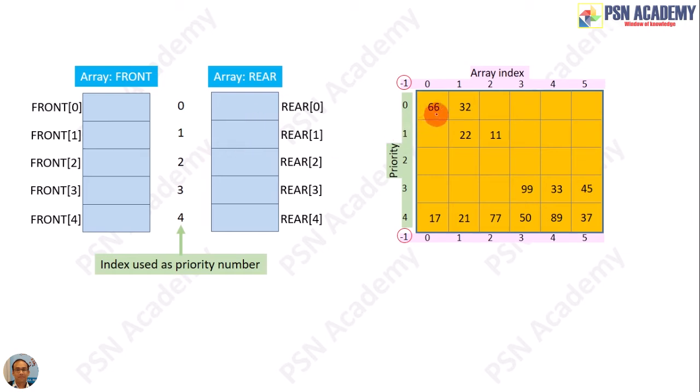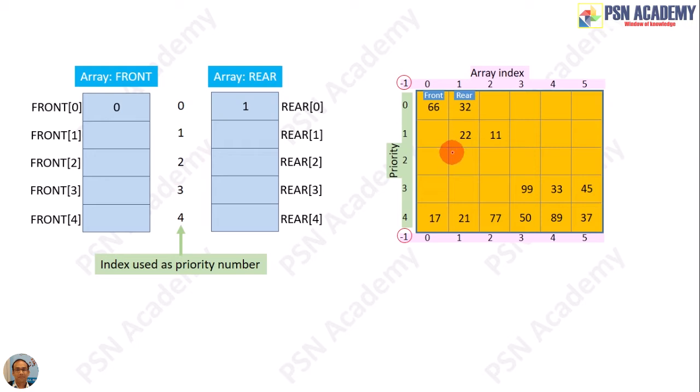See here, 66 is the first item with priority 0 and is located at the 0th cell. 32 is an item with priority 0 and is located at cell 1. So front is at 0 and rear is at 1 for priority 0. So here you write 0 in front 0 and 1 in rear 0.